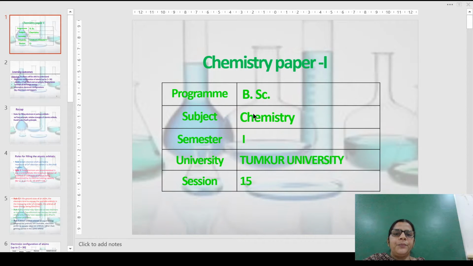Lithium, 3, is 1s2, 2s1. In beryllium, the second electron pairs up here to give us 1s2 and 2s2. Starting from boron, the p orbitals get filled up, 1, 2, 3, 4, 5 and 6, with 6 for neon. Neon behaves as an inert gas here.